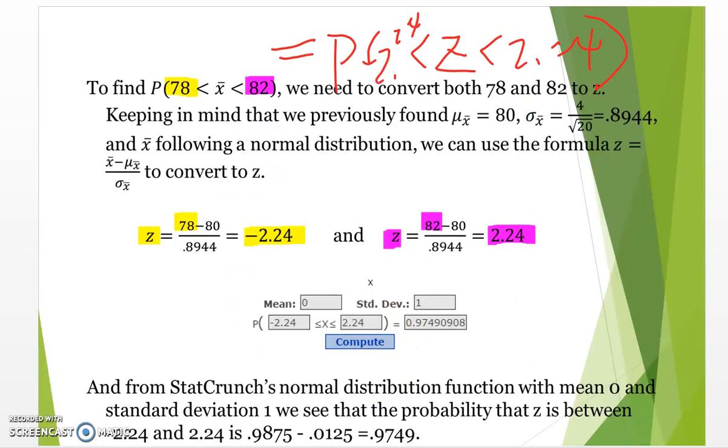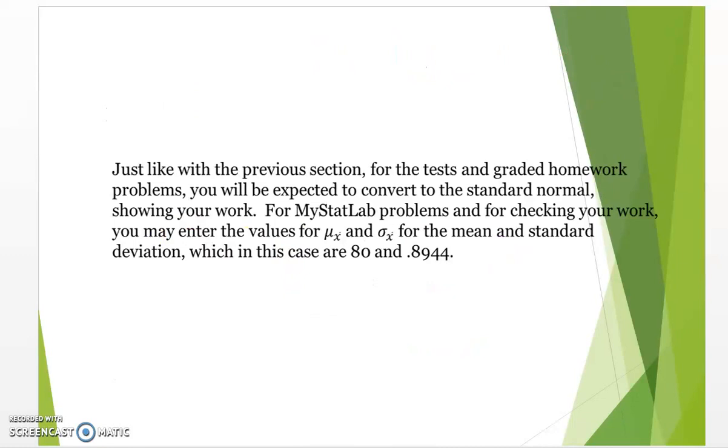So 0.9749 is going to be the probability, and we see that these two z's go in here and here. All right, so that chance is about 97%.